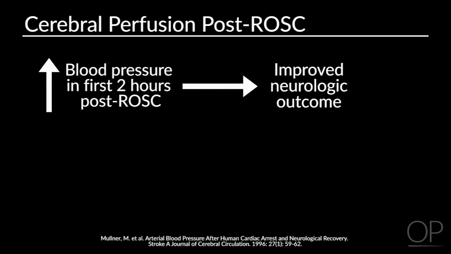The higher your blood pressure several hours after resuscitation, the more likely you're going to have a positive neurologic outcome. Retrospective studies and associations, but still some evidence to suggest that pressure should be higher.